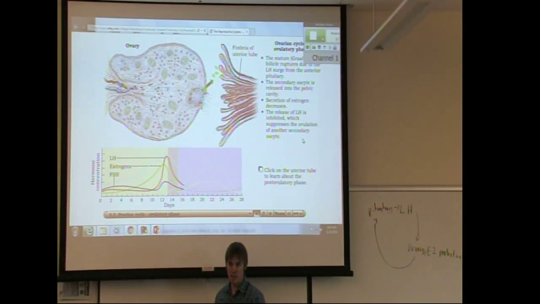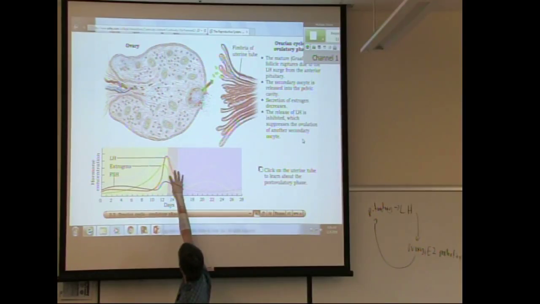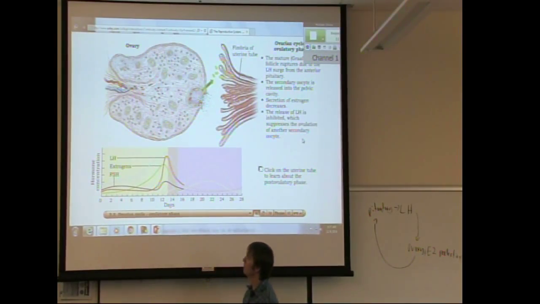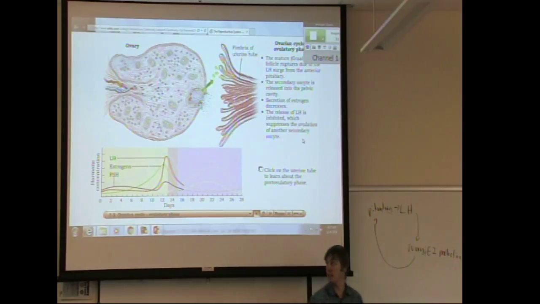It drops pretty rapidly. You can see like in this pink, you've got your green line dropping during the ovulatory phase. And LH and progesterone. So after ovulation, all the hormones drop their levels.